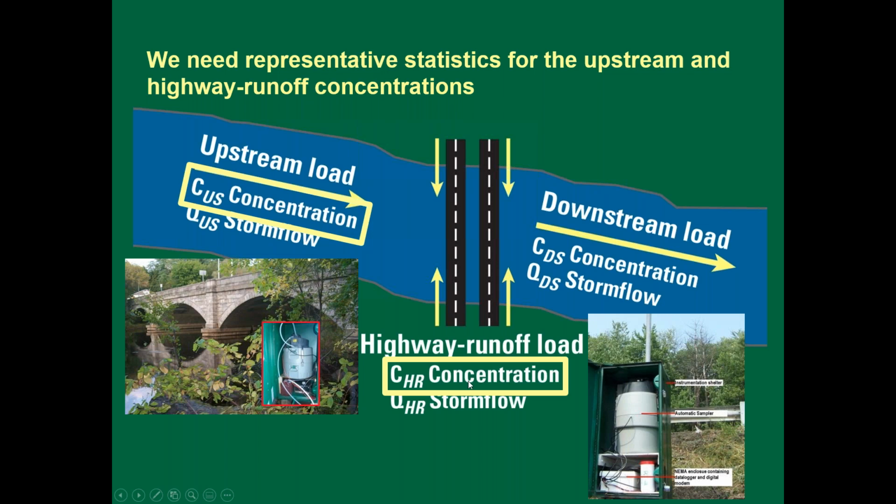We have these highway concentrations and storm flows, and we add together the loads, add together the flows, and divide to get the downstream concentrations. There's only one study I know, a North Carolina bridge study, where they looked at upstream, highway or bridge runoff, and downstream, and even then only for a few storms. So in most places we're looking at, we don't have data available.